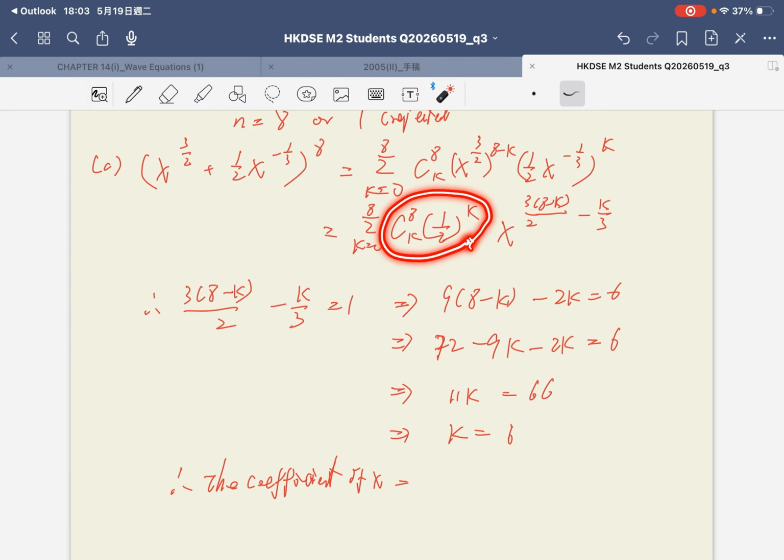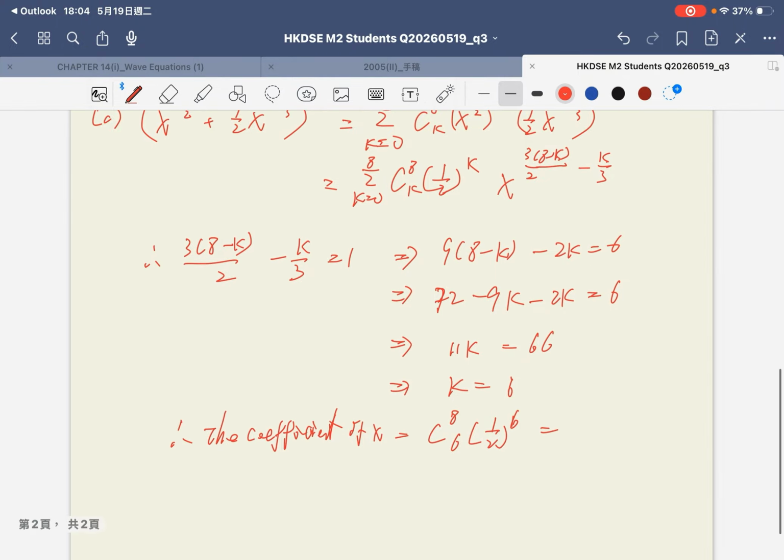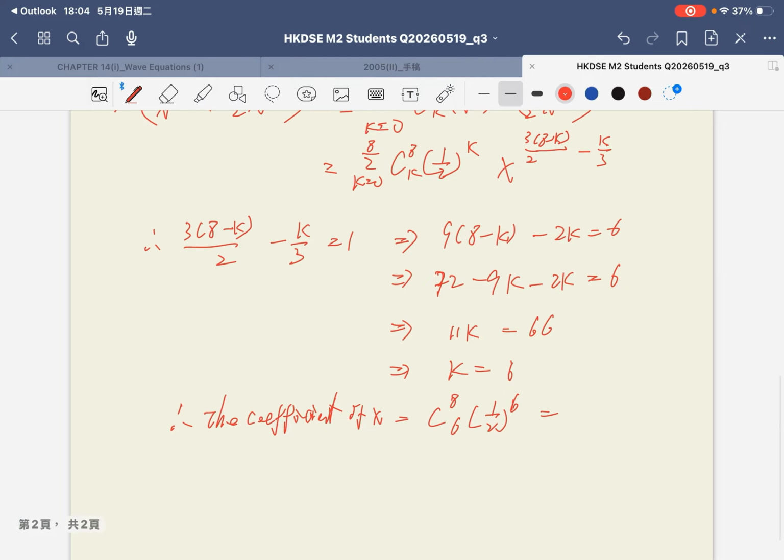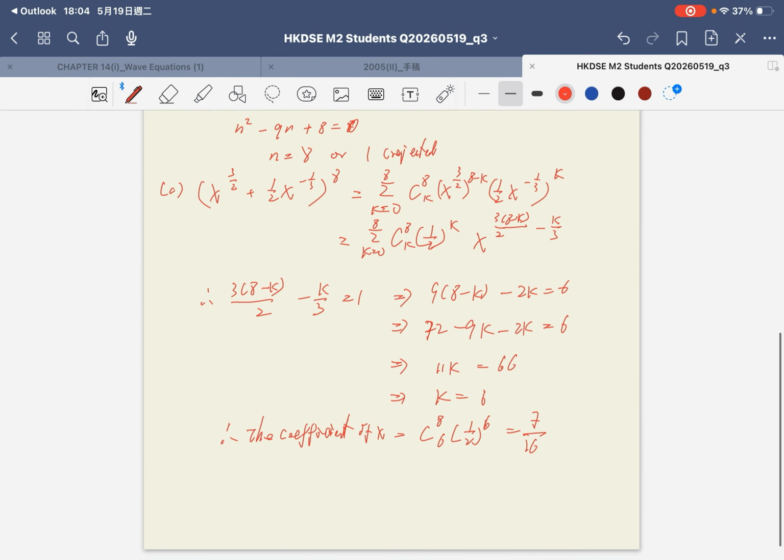When we put k equal to 6, the coefficient is 8C6 times 1 over 2 to the power 6, that is 8C6 divided by 2 to the power 6. That is 7 over 16. Yes, 7 over 16. That is the answer of this question.